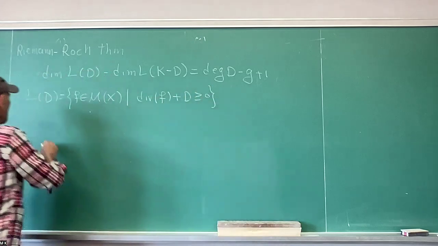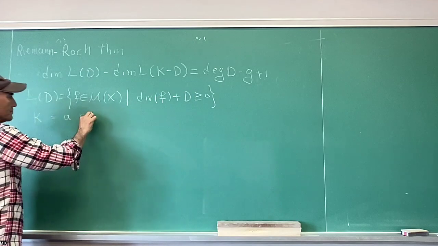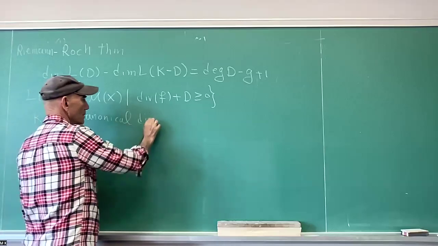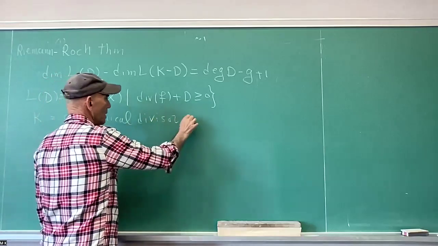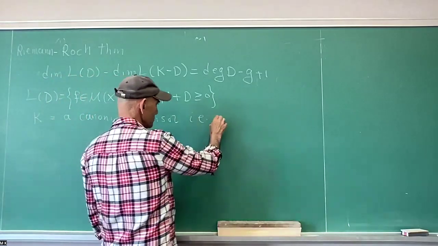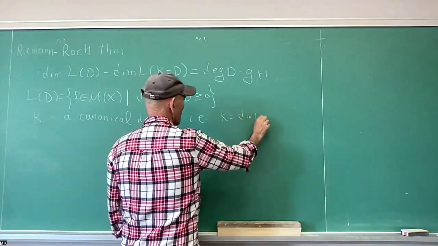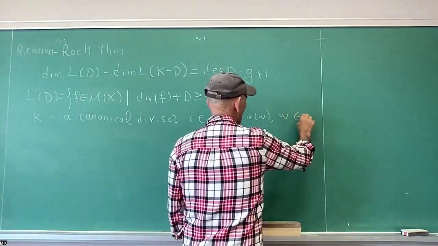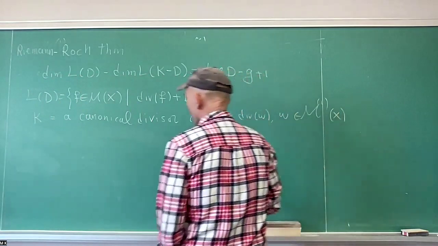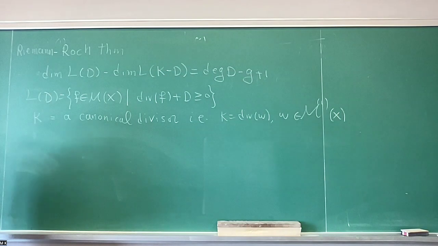In this case, K is a canonical divisor, i.e. the divisor of a meromorphic 1-form omega belonging to M1 of X. And then, of course, G is the genus and all this.